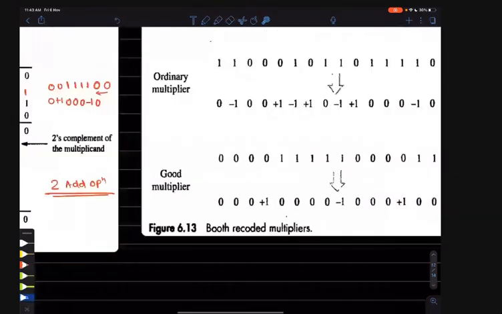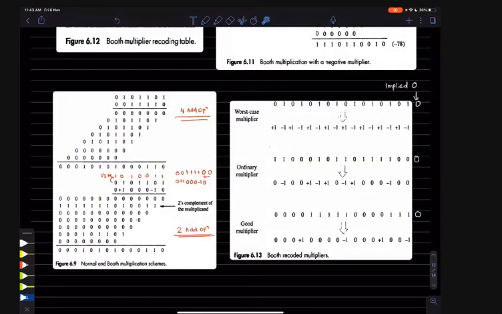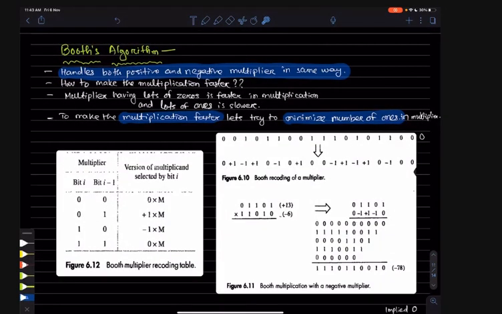Done. So that's the Booth algorithm, nothing else, very simple. Just use the coding scheme, code the multiplier and then multiply it. Okay, done. Any doubt in this case you can ask. Any doubt?